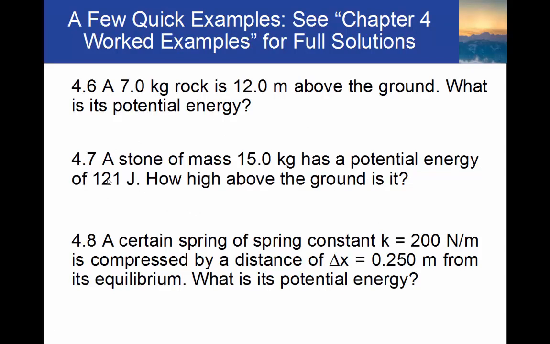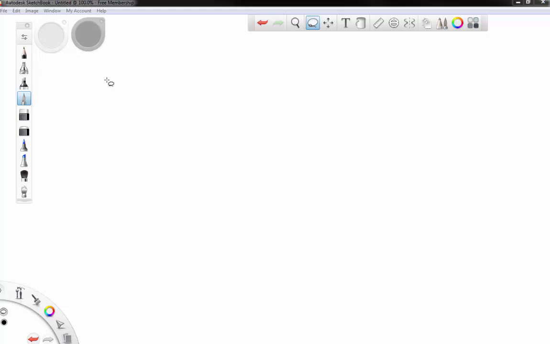Okay, another variation of this potential energy problem is that you have a stone of mass 15 kilograms. So you know what the mass is, and you know what the potential energy is, 121 joules. The question is, how high above the ground is it? Again, we have to assume that there is a defined point at which the potential energy is 0, and I'm going to make that the ground.